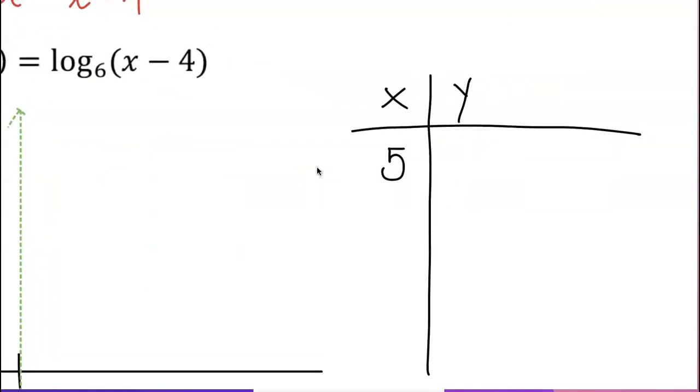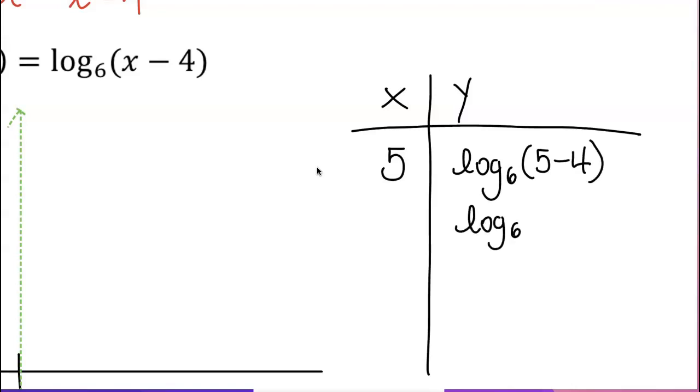We will have log base 6 of 5 minus 4, which is log base 6 of 1, and that is just 0 because, well, let's think about this. If I give you the exponential form, 6 to the 0 power equals 1, and that is true, right?